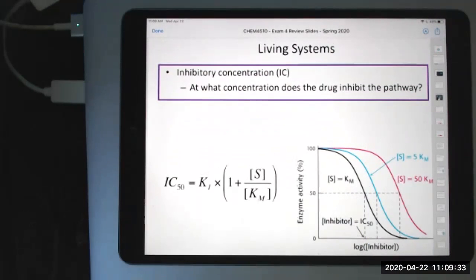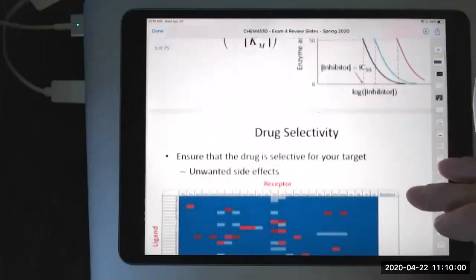So if you're trying to suppress expression of a protein or a receptor or whatever it is, you don't need to know this calculation. What you just need to know is that for IC, again, we're looking at the 50% mark. At what concentration is half of whatever is inhibited? And the lower the better.